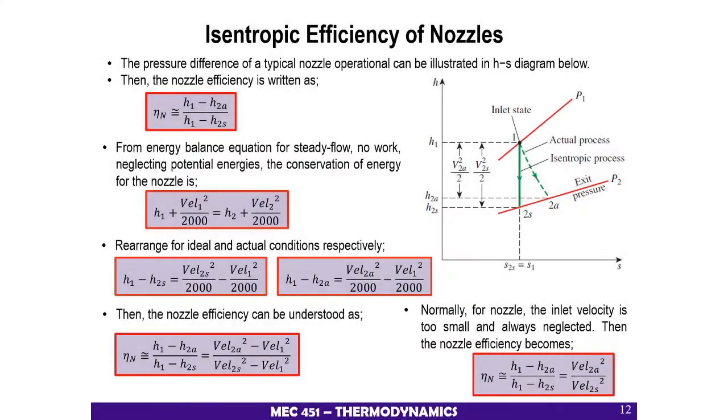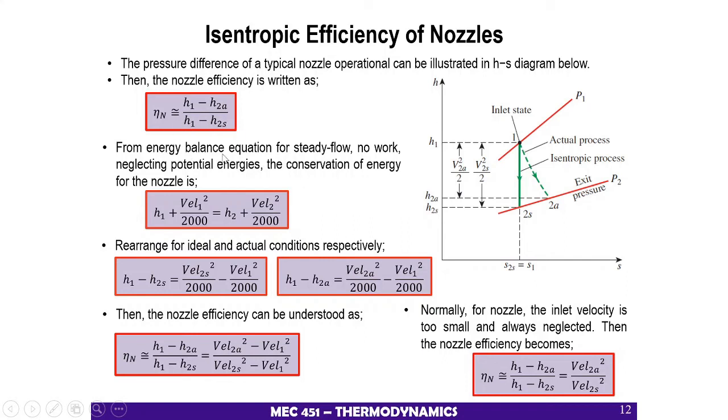Isentropic efficiency of nozzle. So the pressure difference of a typical nozzle operation can be illustrated in a diagram below. So the nozzle efficiency can be written as this: your efficiency is actual divided by isentropic. So this is your actual, this is your isentropic.